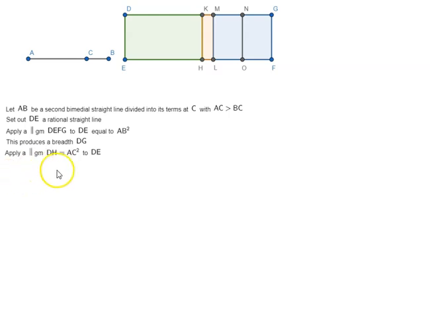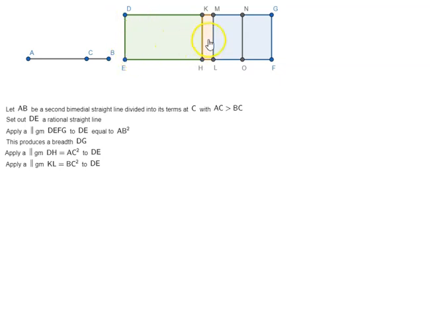Now apply a parallelogram DH equal to AC square to DE. Then apply a parallelogram KL equal to the square on BC to KH. Here it says DE mainly because KH is equal to DE and we don't want it to be drawn here.